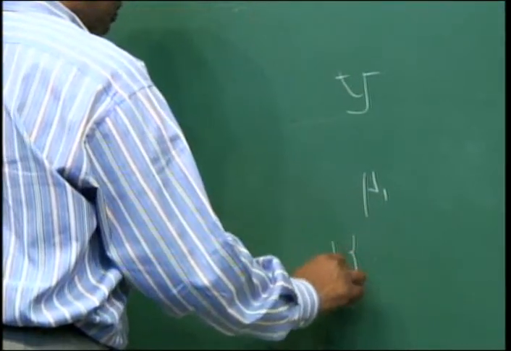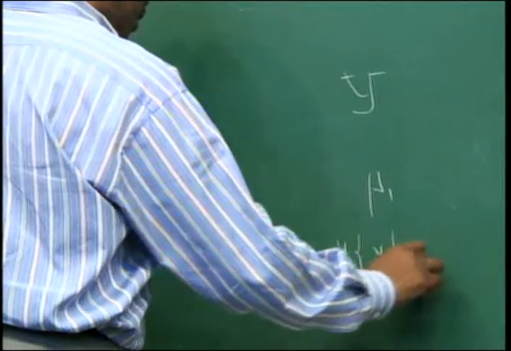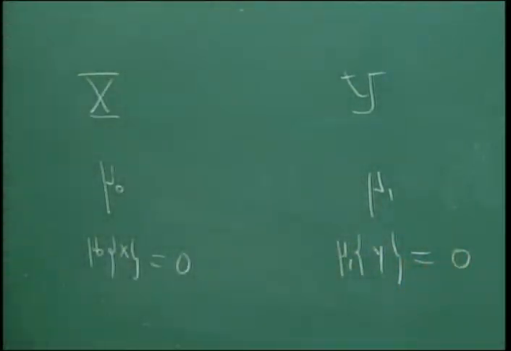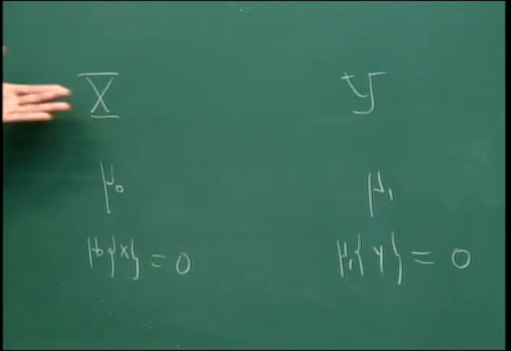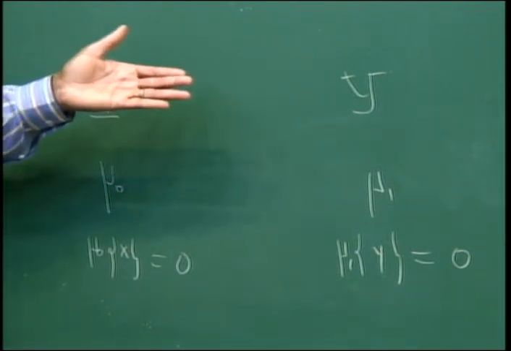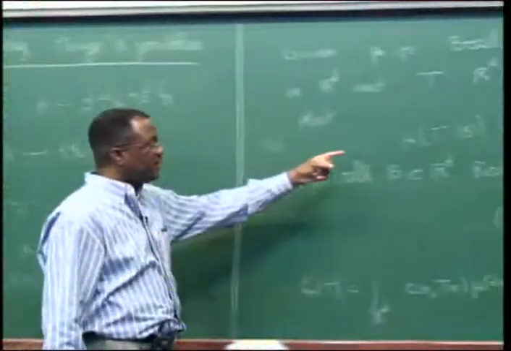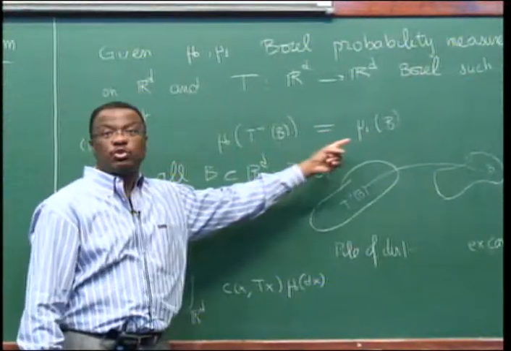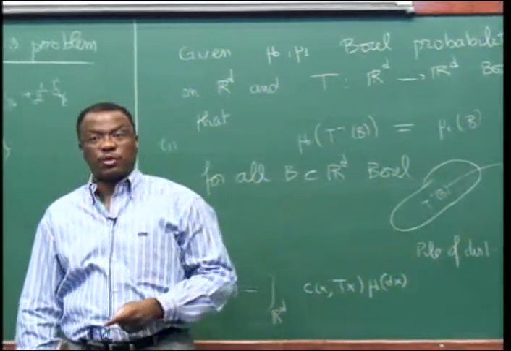And assume you have Y with a measure mu1 such that mu1 of any set consisting of one point is 0. So mu naught has no atom, mu1 has no atom. Then there is this strong result from probability theory saying that if the spaces are separable, then there exists a map which is going to transport mu naught to mu1.